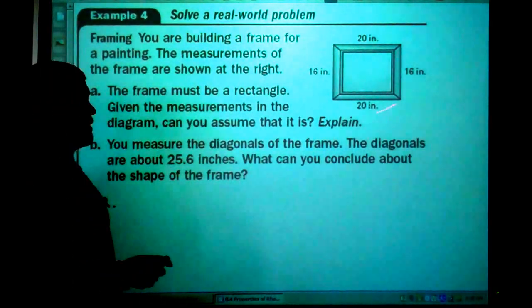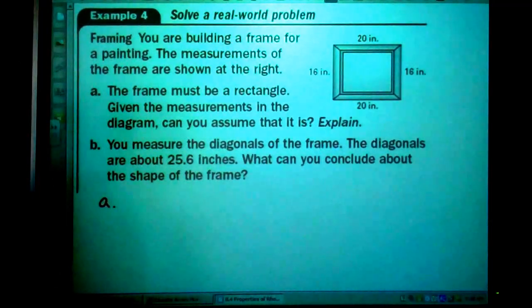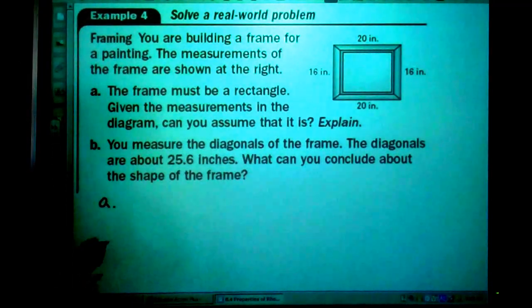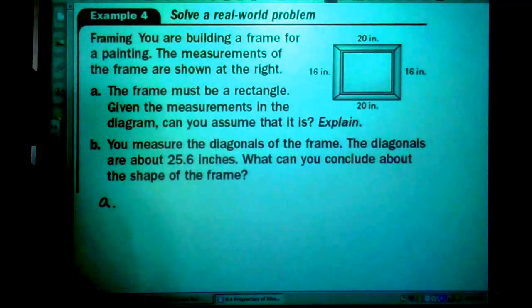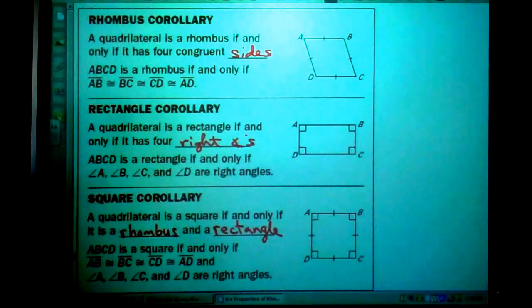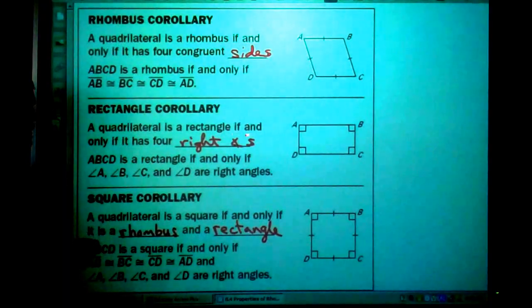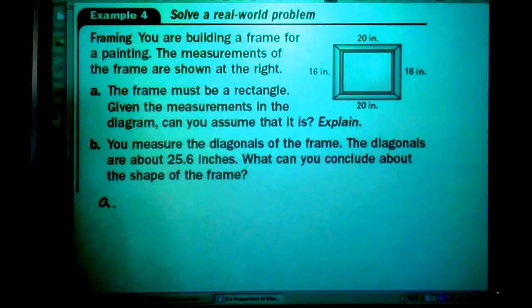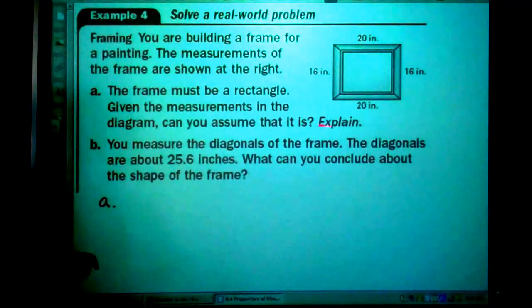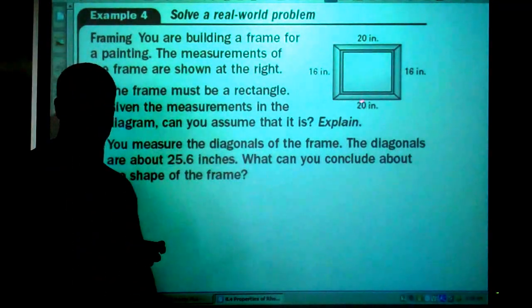And the correct answer would be no, you cannot assume that that's a right angle with the information that's given to you. Okay, because what makes a rectangle a rectangle? If we think back, what does a rectangle have? A quadrilateral is a rectangle if and only if it has 4 right angles. Do we know anything about the angles here? No. We just know the opposite sides are congruent. What does that make this? It makes it a parallelogram, right?